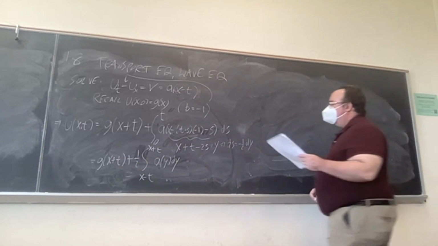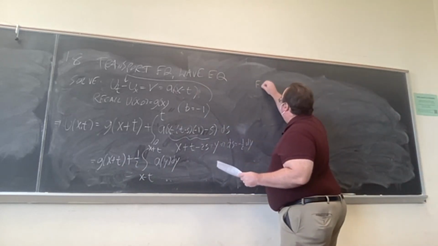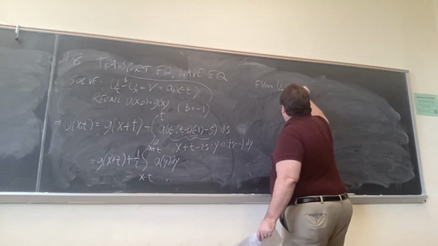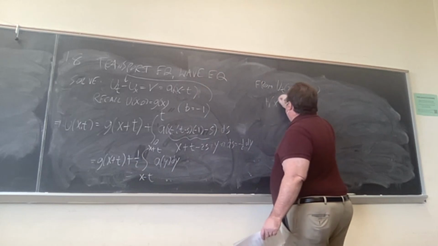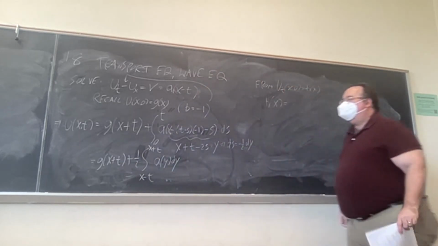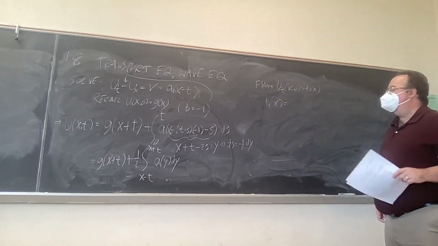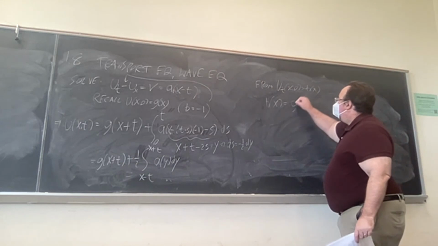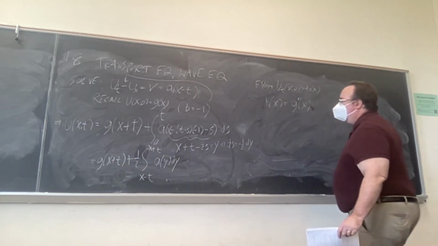So h of x must be equal to whatever I get from here, differentiate with respect to t, and then substitute t equals 0. So for the first term, that's just going to be g prime of x plus t, but then t is 0, so that's g prime of x.